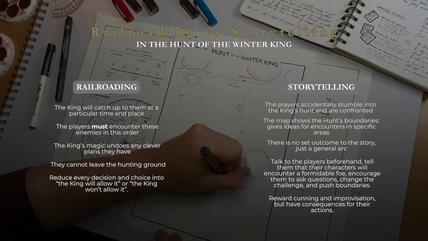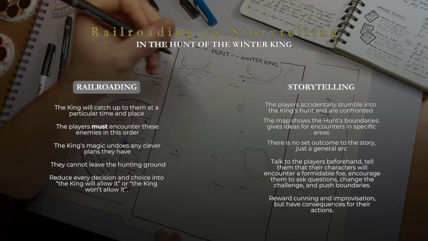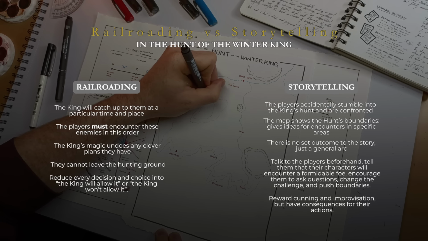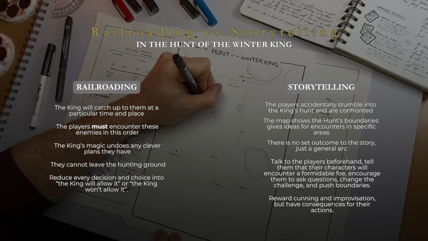You can give them agency. But whatever action they take, whatever strategy or tactic they put into place, their antagonist will be aware of and will alter his plans accordingly. It's not railroading. It's just the bad guy. So the king of the Wild Hunt, the Winter King, Oberon, will know that they have been taking his prey, and he will take it as a direct challenge.